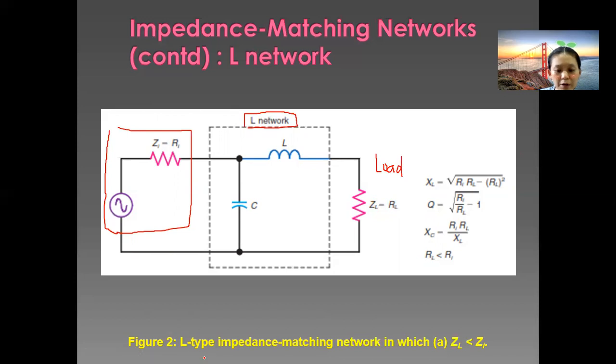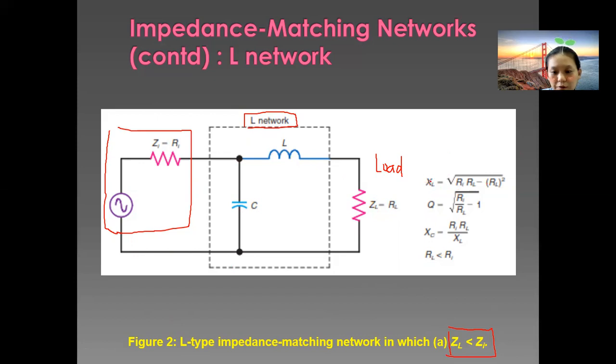For the L type, we have two types. One is connected in series with the L and parallel with the C. This one has the condition that ZL is smaller than Zin.